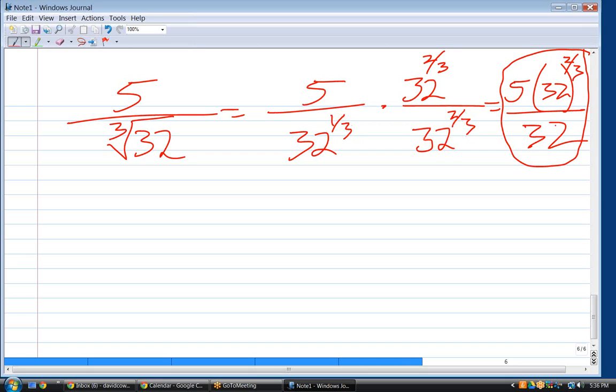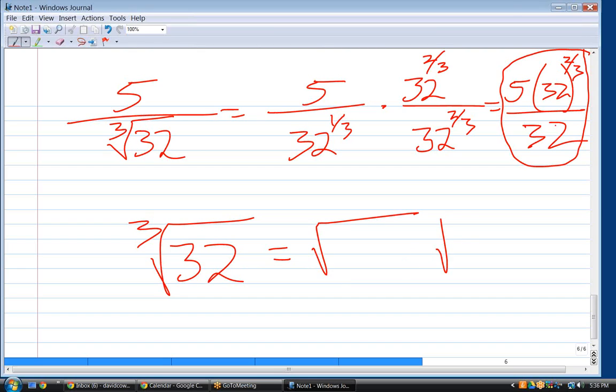Now, let's go back a moment and talk about the cube root of 32 because that's not simplified. If the task was just to simplify this, I want to break 32 up into a perfect cube and whatever else is left. 8 is a perfect cube. Right?